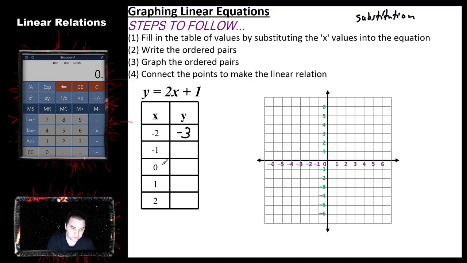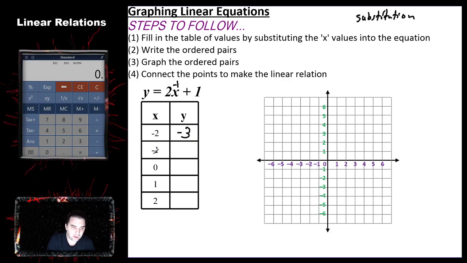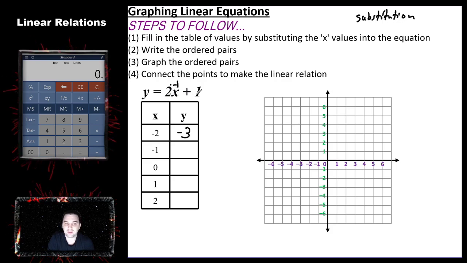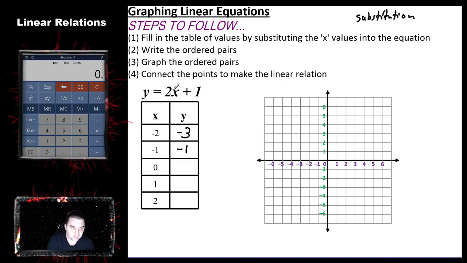Okay, let's test some other points, but I'm not going to do it quite in the same detail. You should have figured it out just from what I did here. So if I had x is equal to minus 1, I have 2 times minus 1. That's minus 2. Minus 2 plus 1 is minus 1. Let's try x is equal to 0. Well, if x is equal to 0, that's canceled out. So I just have y is equal to 1.